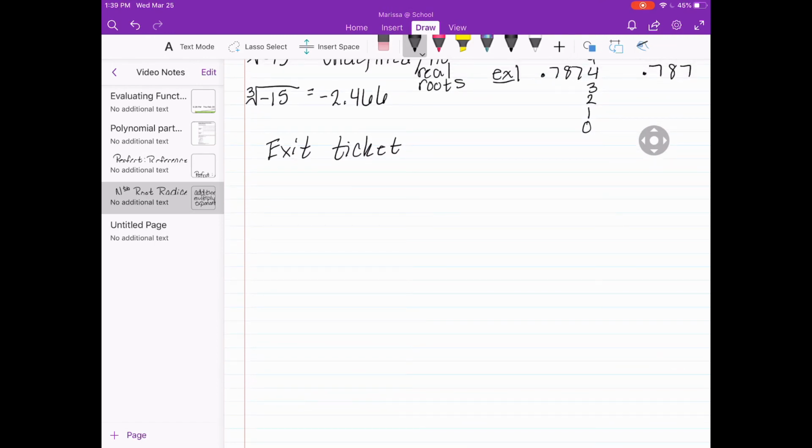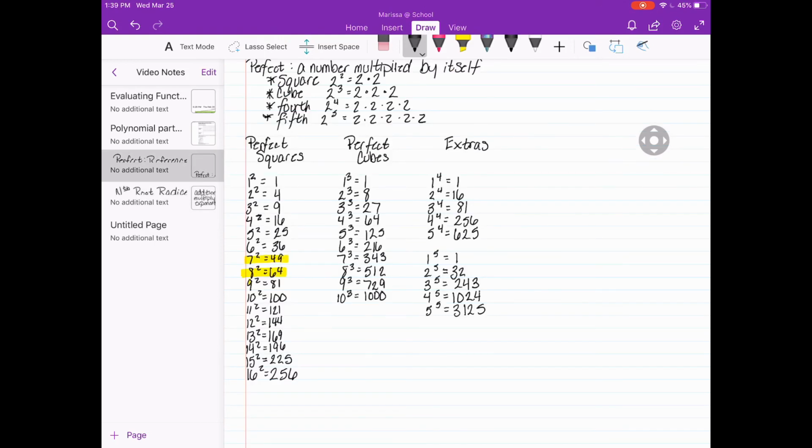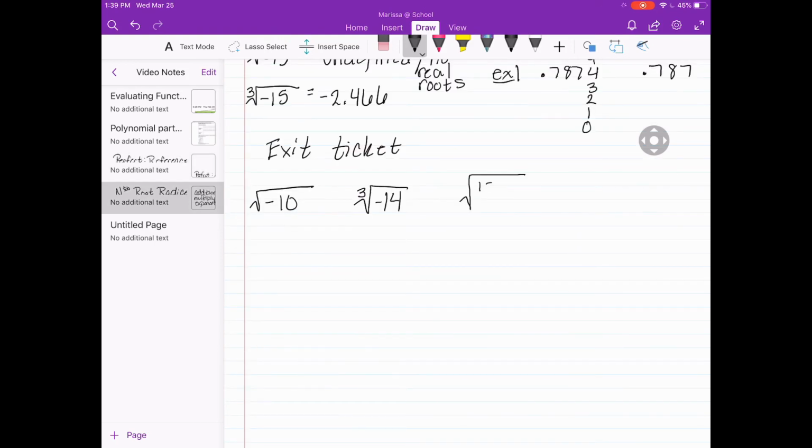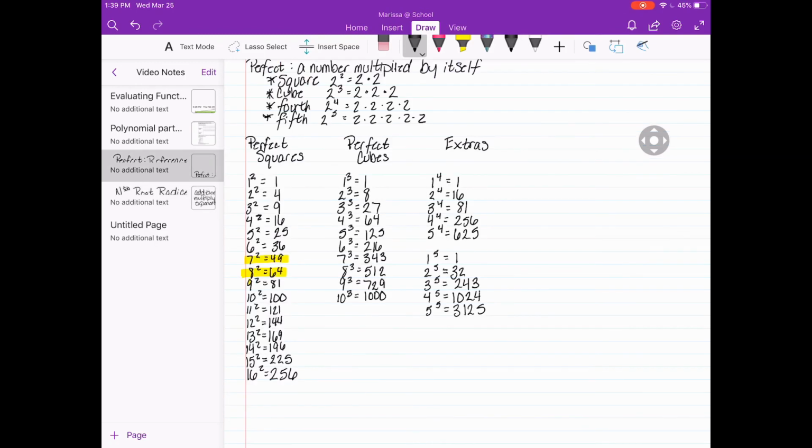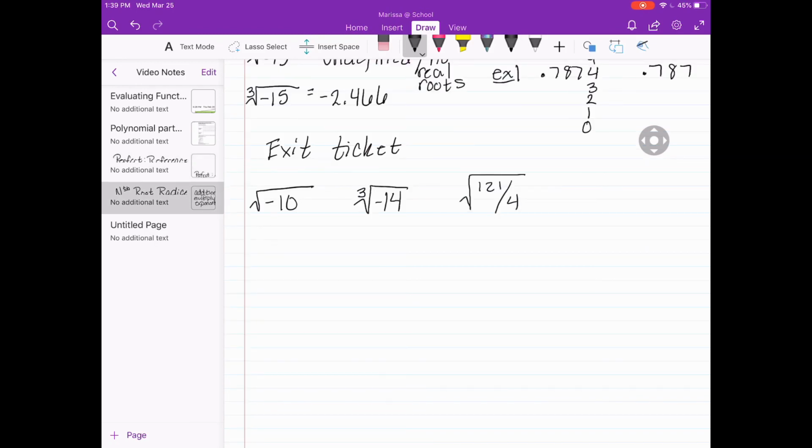So, first question, you are going to do the square root of negative 10, the cubed root of negative 14, the square root of 121 over 4, and the fifth root of p to the 5th power.